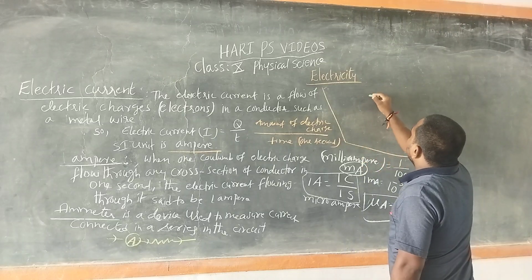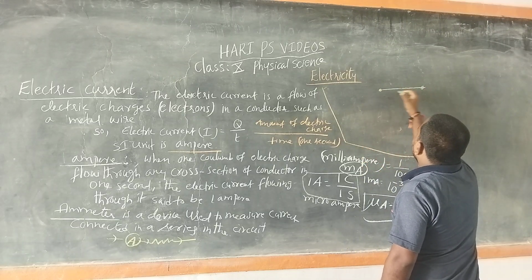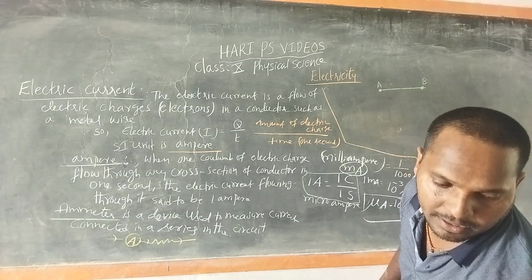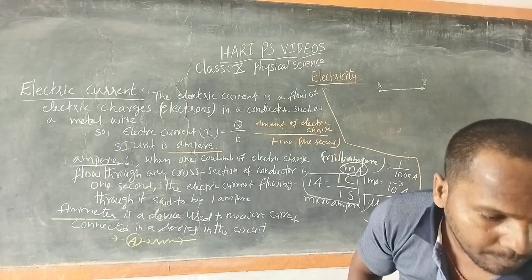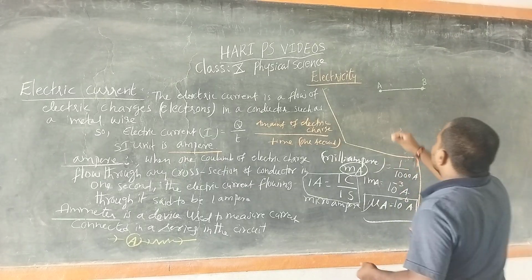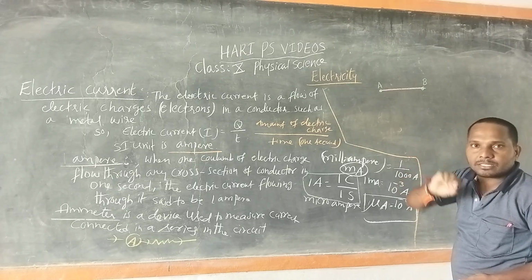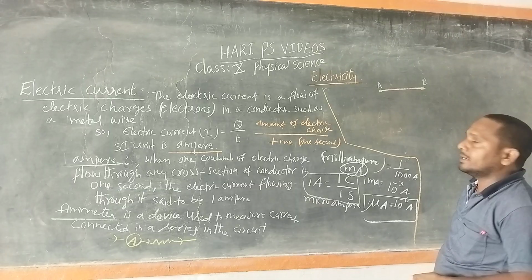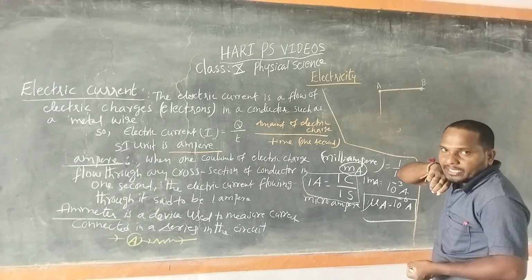So if it is a conductor, with points A and B, the conductor has some potential difference. To maintain the continuous flow of electric current in a conductor, the conductor must have a potential difference.